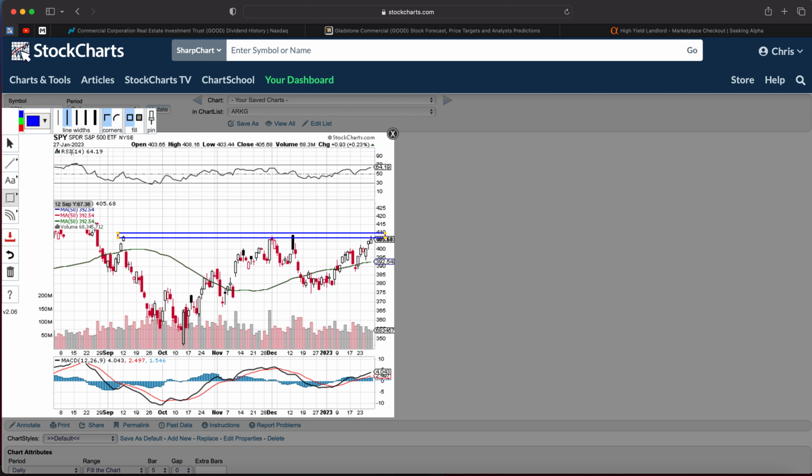So if we don't, then we can expect the pullback to be here. All right. So maybe we come down, touch 400, come back in this area, and then run up. Or if we do eventually go through this area, then we're likely to go up here where it fell from.